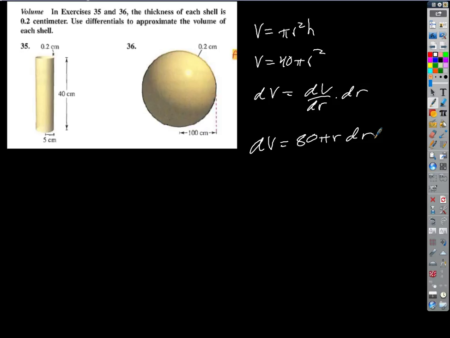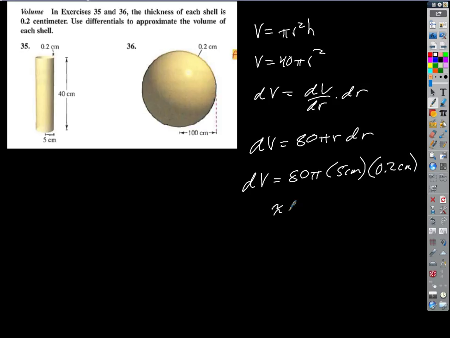R is 5. The change in the radius, the thickness of the paint, is 0.2, right? And so we get dV equals 80 pi times 5 centimeters. Thickness is not plus or minus this time, it's just 0.2.